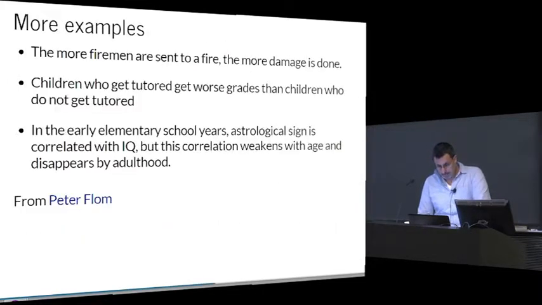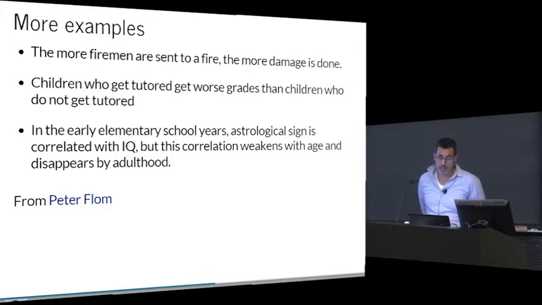So here's more examples. These are more serious ones, and now we're getting into policy, where you can make big mistakes if you don't think this through. So if you just base it on data, the first one's kind of obvious. The more firemen you send to a fire, the more damage is done. So that's a fact. You can look at the data and see that it's true.